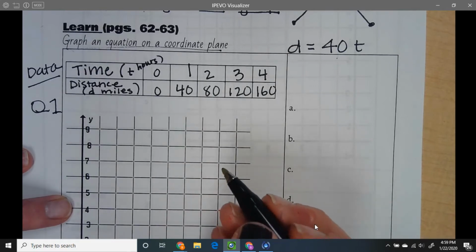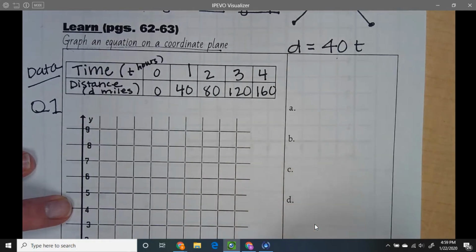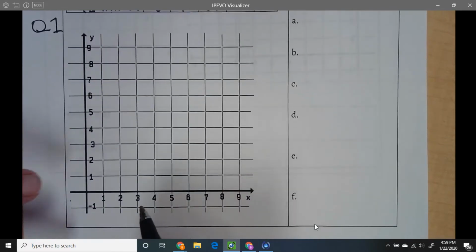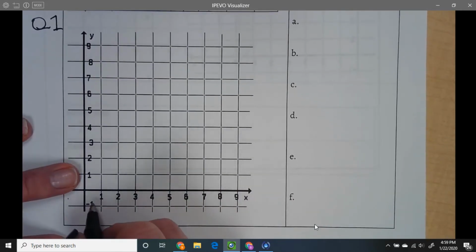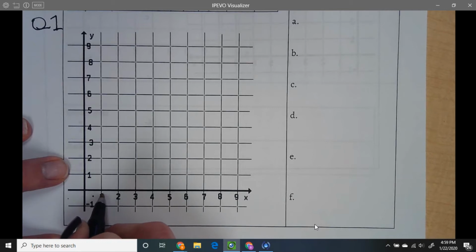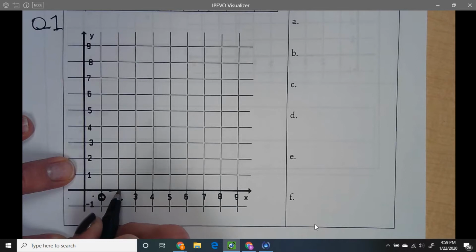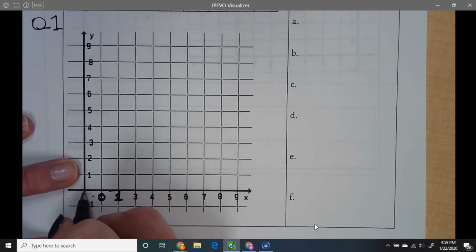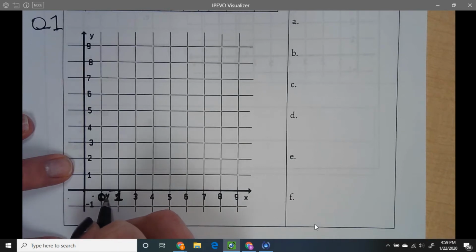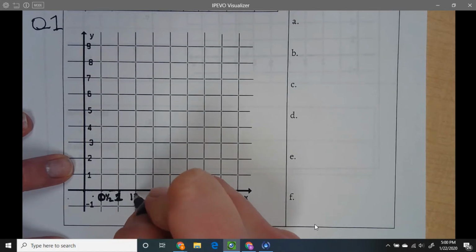It says to graph the relationship between D and T. It says to use 2 units on the horizontal axis to represent 1 hour. So that means that this right here is not 1. I should have 2 units here to represent 1. So I need to renumber my graph. Technically this is 0, and this would be 0 and 1 half. This would be 1. This would be 1 and 1 half.